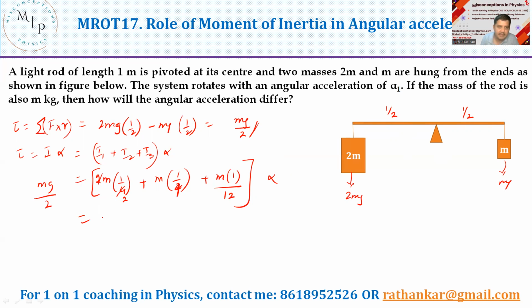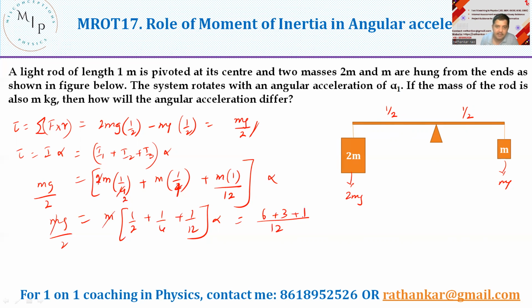M into half, I'll write it down if you want. M into half plus 1 by 4 plus 1 by 12, into alpha. Here I have mg by 2. M goes away here. Now what happens here? We have 1 by 2 plus 1 by 4 plus 1 by 12. How much will this be? Let us take 12 as the LCM. 2 6s are 12, 4 3s are 12, 12 1s are 12, into alpha.